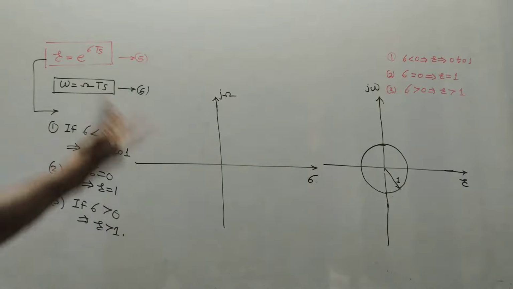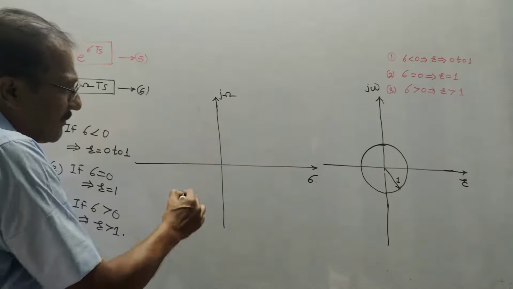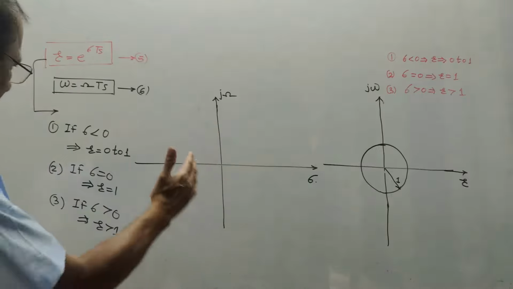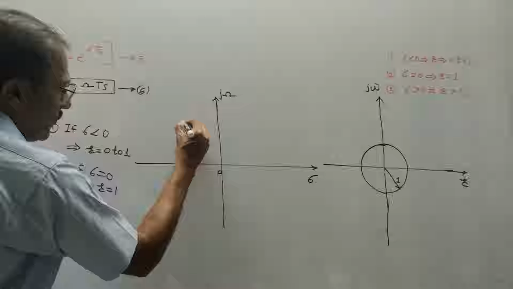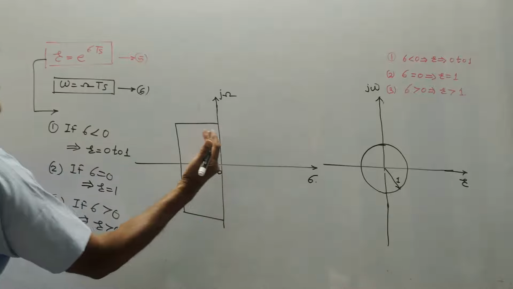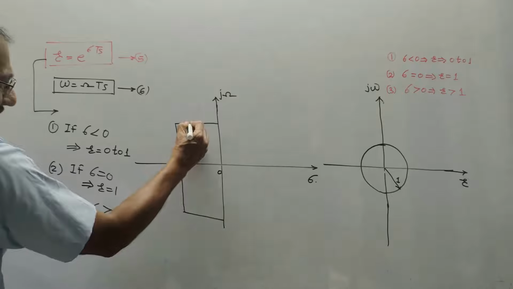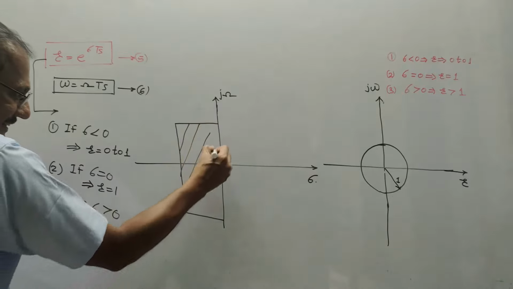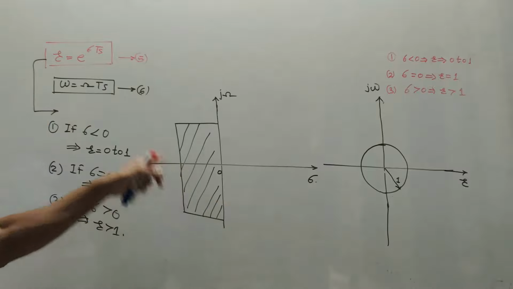Now how to draw it diagrammatically? Sigma less than 0 means the left hand side part of this diagram, because sigma less than 0 is a negative value of sigma. This is the origin. So negative value of sigma means this portion. Actually this portion goes till minus infinity, but as a convention I am drawing the rectangle and showing the shading like this. This portion represents sigma less than 0 in Laplace domain.